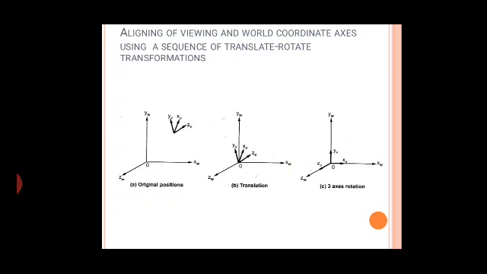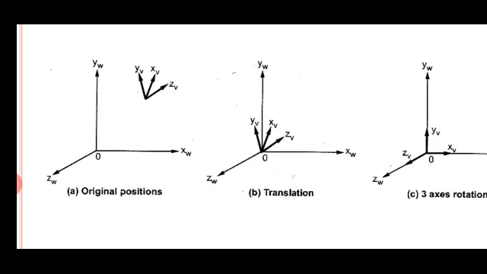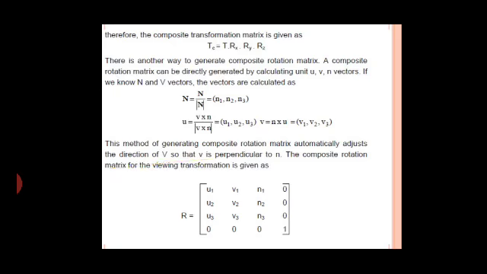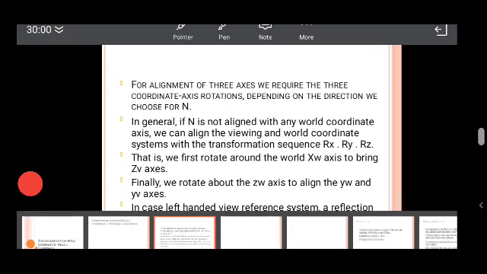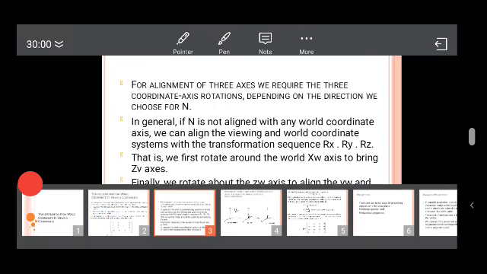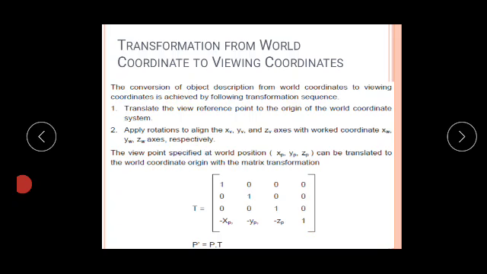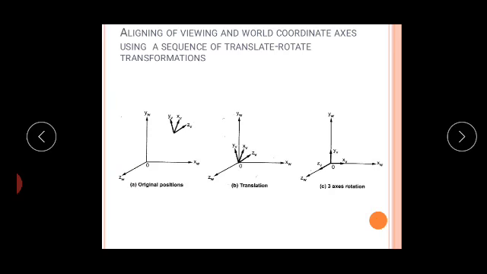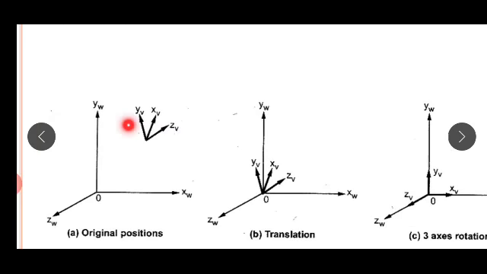Now after applying these rotations, this is how the sequence will be. This is your original image, where this is your window and this is your viewport, and these are the x, y, z axes of your viewport. See here, these are the x axis, y axis and z axis for your viewport, and these are the x, y, z axes for your window coordinates.